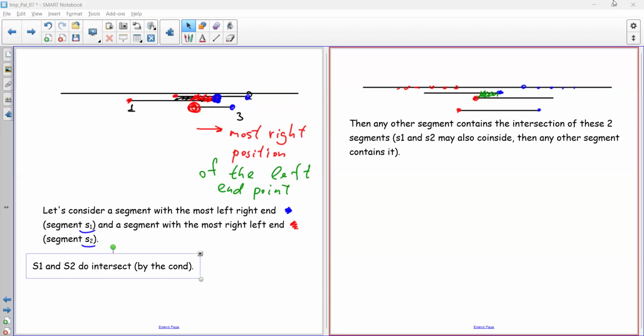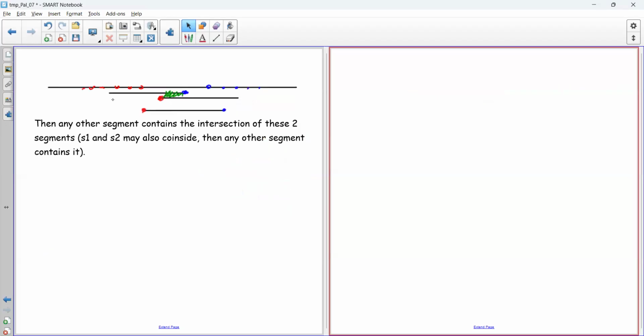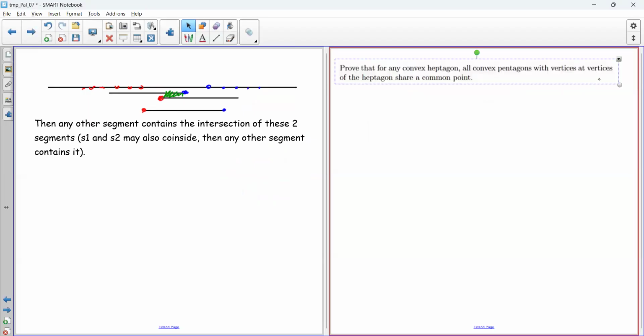And let me tell the solution right now, because this one I like badly, meaning I like it really, really much.